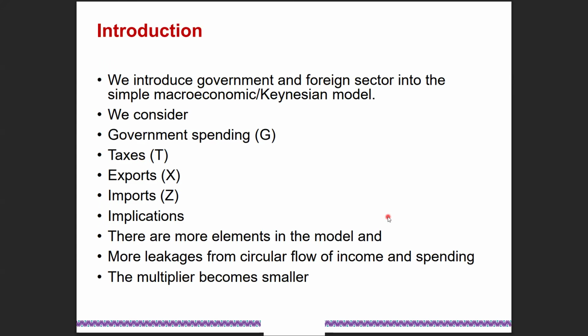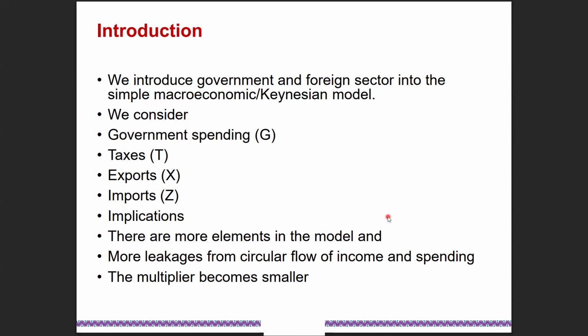So you remember that in the previous video, the last video that I posted, we looked at the simple Keynesian model. That was basically just an introduction. In that video, we were introduced to this economist, John Maynard Keynes. We said that he developed an idea that total production and income in the economy is determined by total spending or demand.